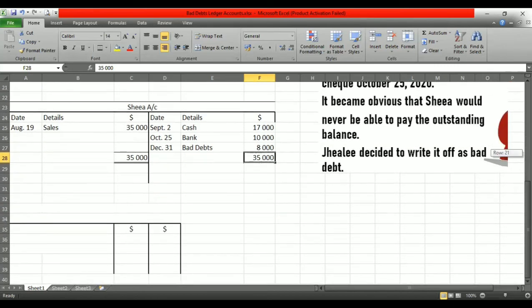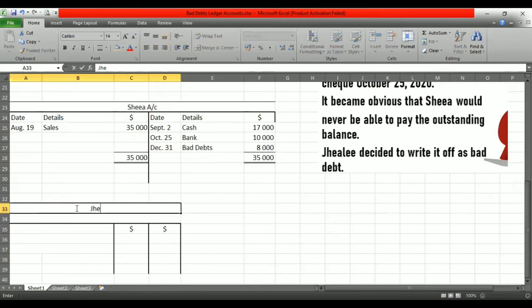So let's look at our profit and loss account. We're preparing that account for Jaylee, and it is profit and loss. It is an extract because we're not doing the full thing.